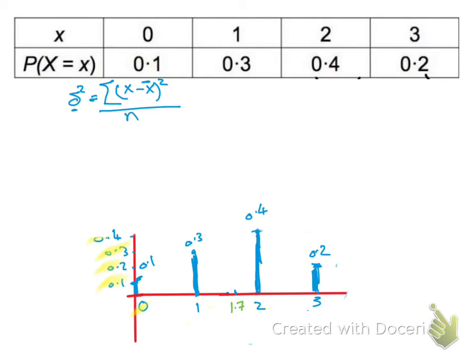But in this case, if we have the probability, the scenario will be different. Sigma square in this case will not be x minus x bar, or sorry, here it is x minus mu, because this is sigma, not s.